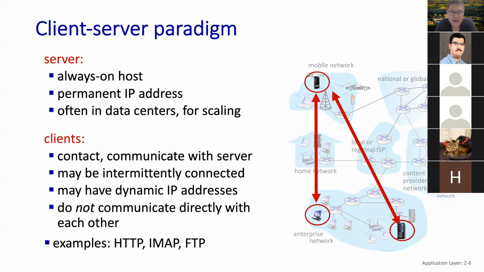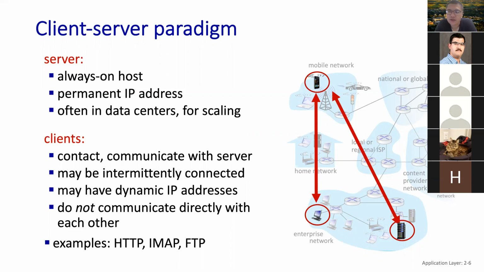For the clients, they contact and communicate with the server, right? They may be connected from time to time, right? They are not always connected to the internet, right? And they may have a dynamic IP address, okay? Because it's not the server side, right?